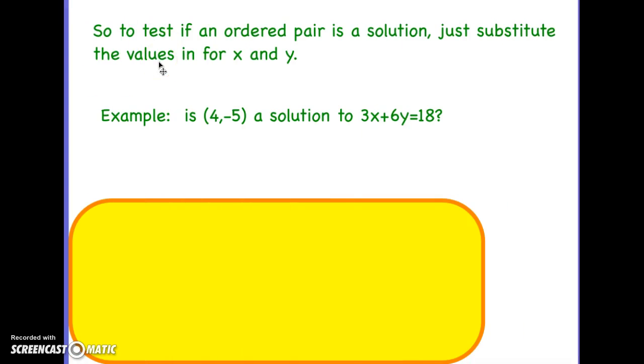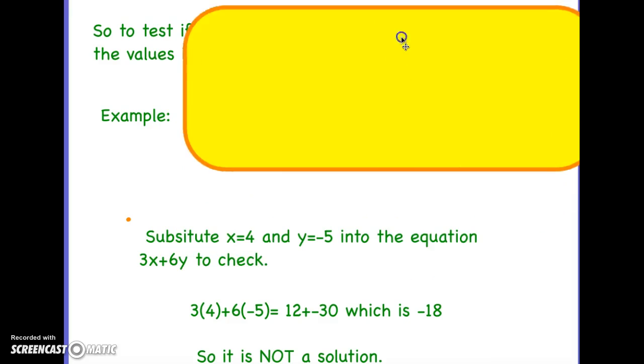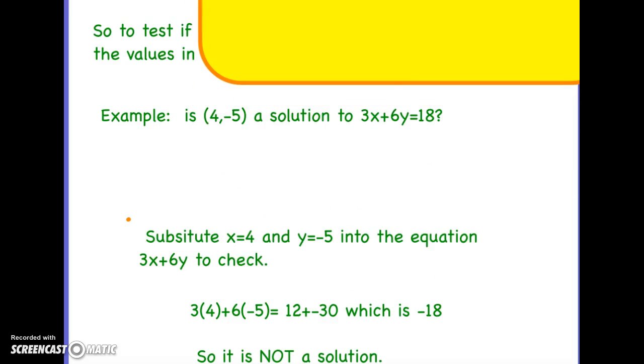So to test if an ordered pair is a solution, all we have to do is substitute the values in for x and y. Here's an example. Is (4, -5) a solution to 3x plus 6y equals 18? Okay, so we just try it out. We put in 4, -5 for x and y.